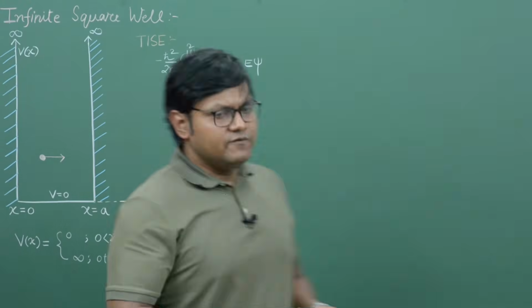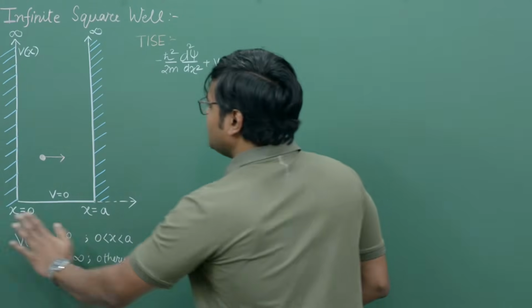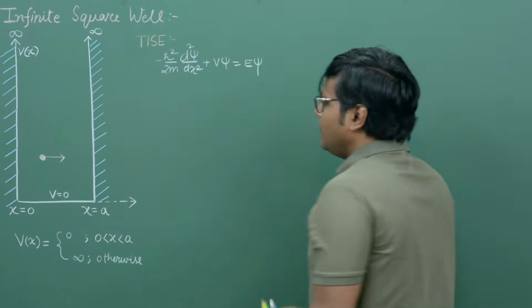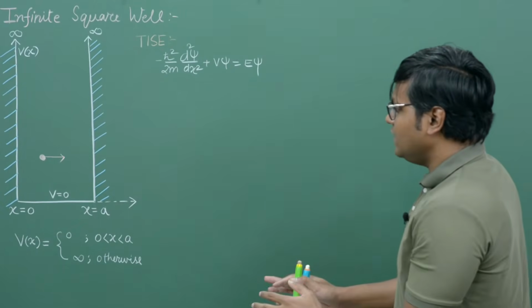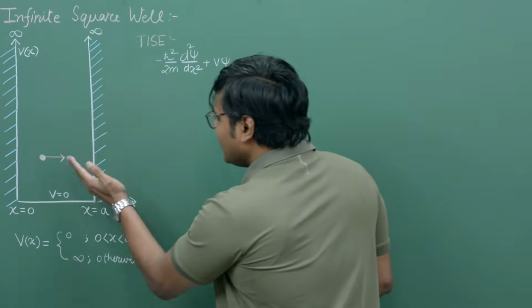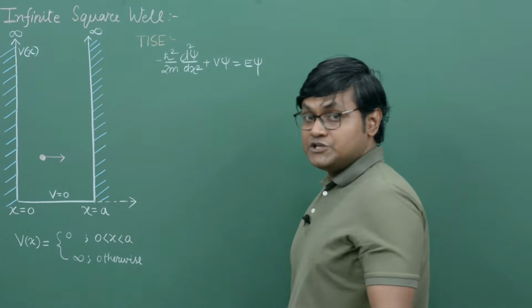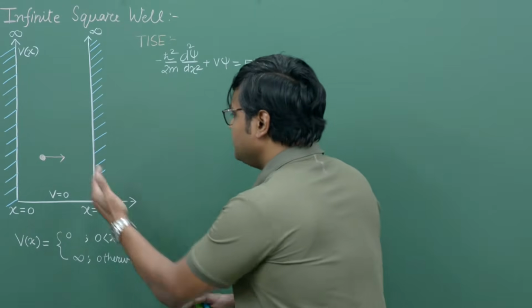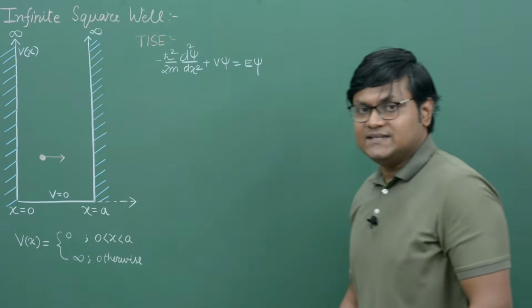Now we can divide this entire region into three regions. Let's suppose this is region number 1, region number 2 and region number 3. Based on the definition of the problem itself, because the particle cannot penetrate these infinite potential barriers, the particle can never exist beyond x equal to 0 and x equal to a.